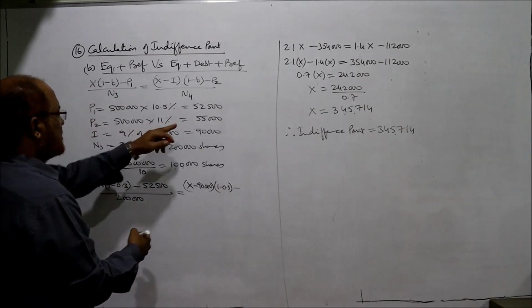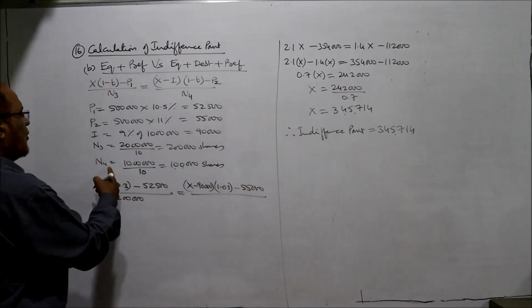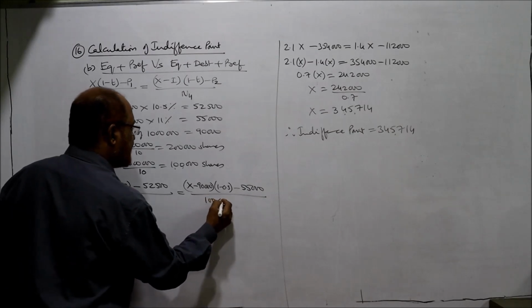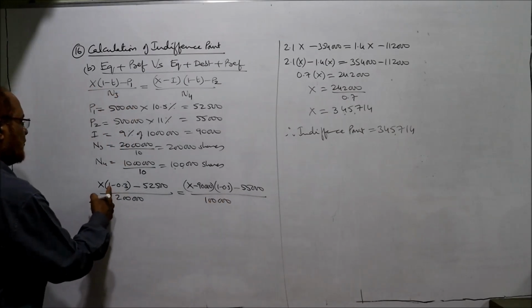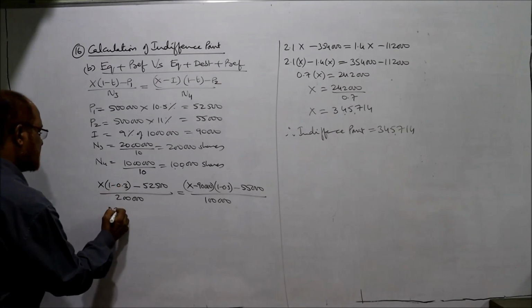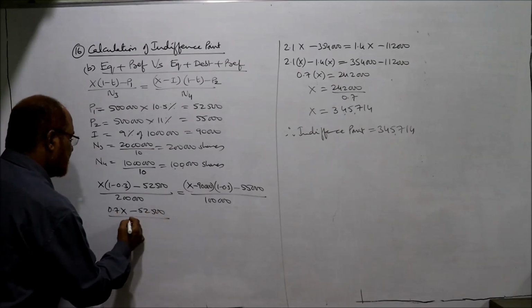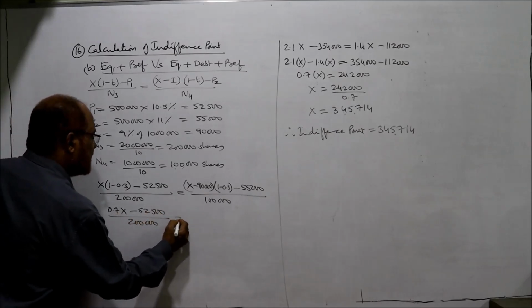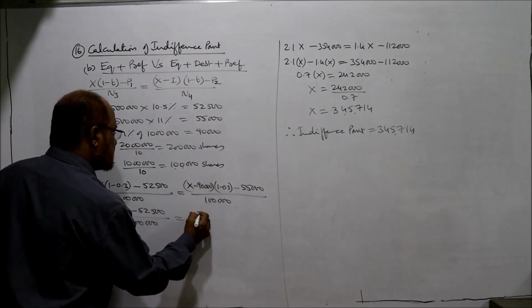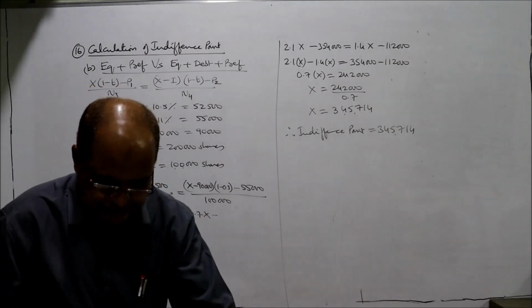P1 हो गया. P2 is 55,000, divided by N4. N4 is 1 lakh. So 1 minus 0.3 is 0.7. 0.7x minus 52,500 divided by 2 lakh is equal to 0.7x minus 90,000 into 0.7.